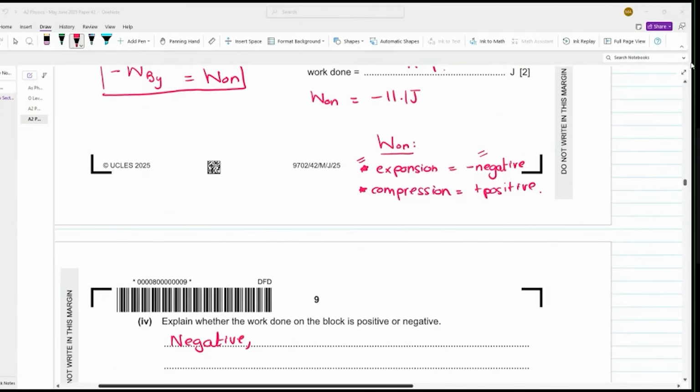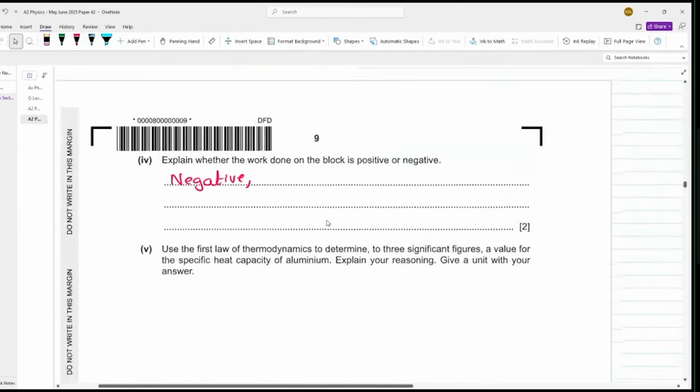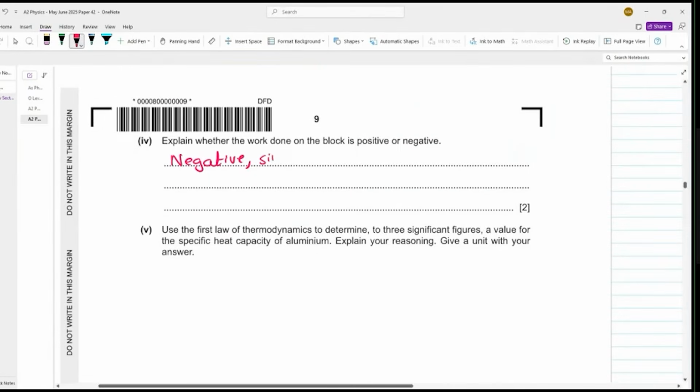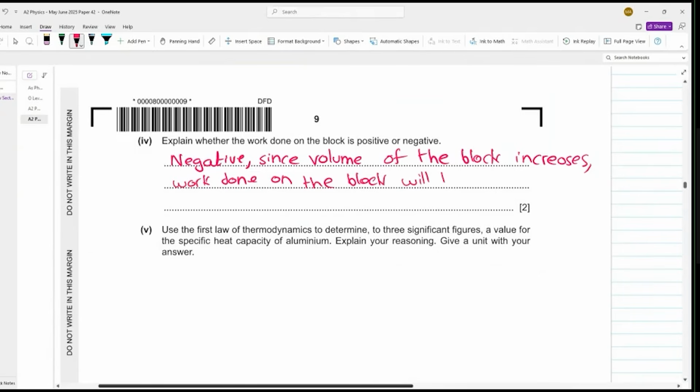So you will say, since the volume of the block increases, work done on the block will be negative.